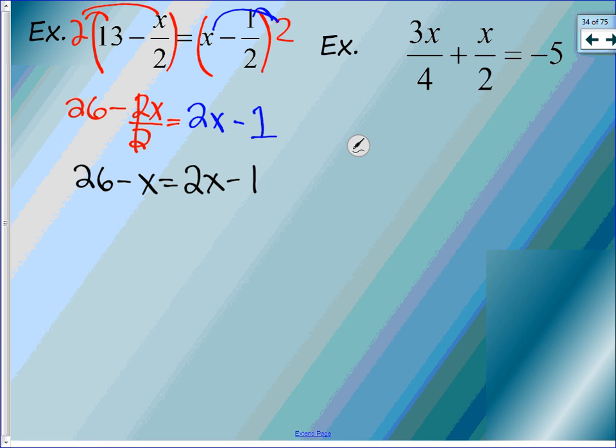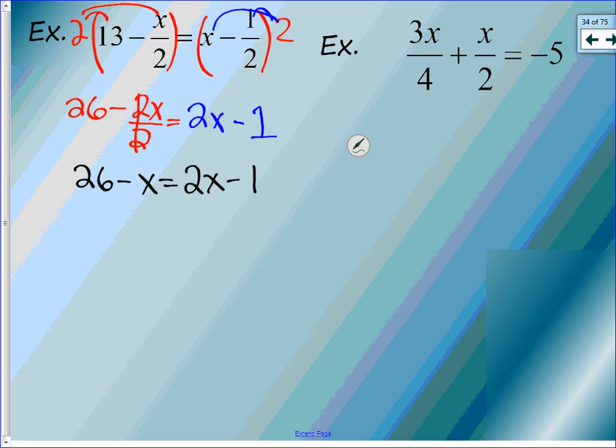So again, if I do this properly, I clear my fractions. And then I can solve the equation like I solved them last night, or the night before, depending on when I did my homework. So, do you want to get your x's on the right side, or do you want to get them on the left side? It's totally up to you. The right. So what would you want to do to both sides to get the x's on the right side?